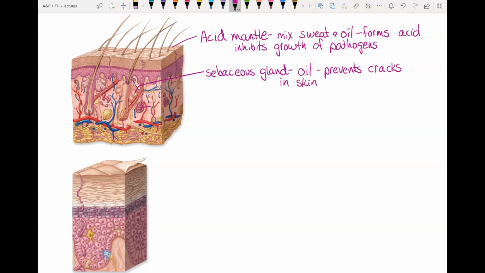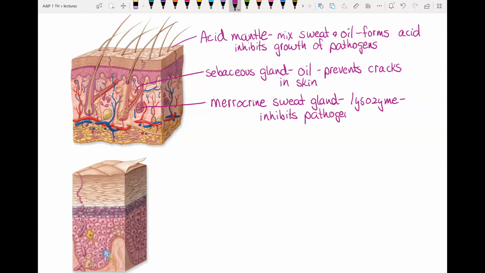Then here is that merocrine sweat gland. And remember, this sweat contains lysozyme, which inhibits pathogen growth. You also have lysozyme in your tears and saliva.